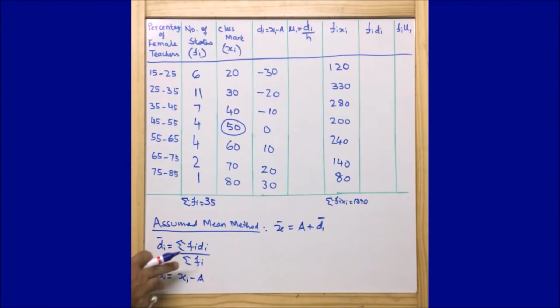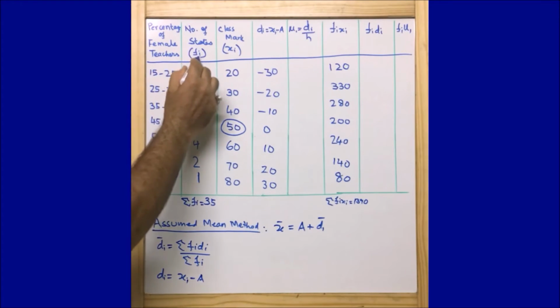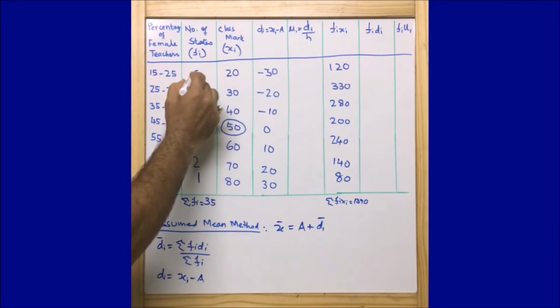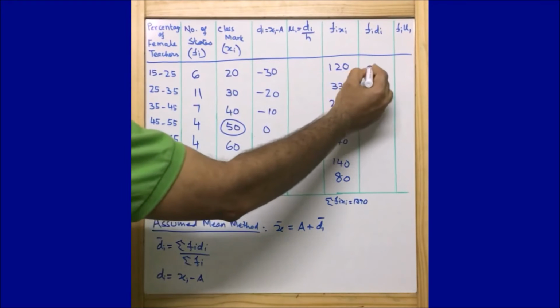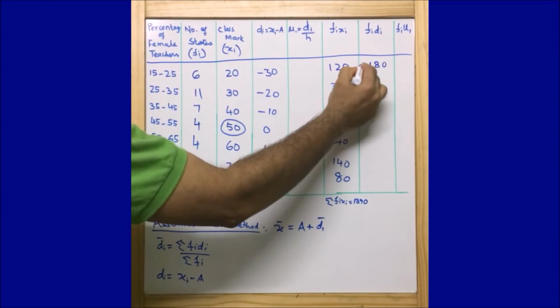Now, the mean of deviation is summation of fi di. That means we need to multiply fi with di. So I multiply 6 with minus 30, and that is minus 180.